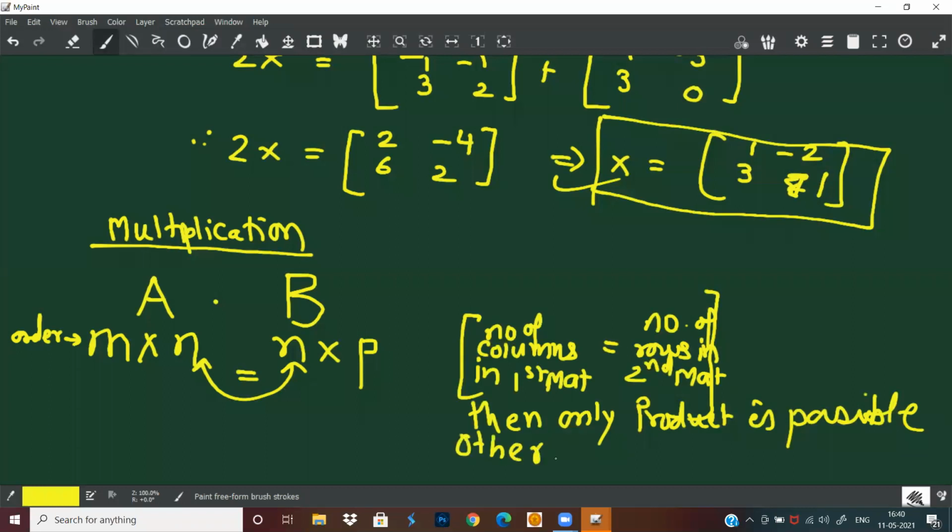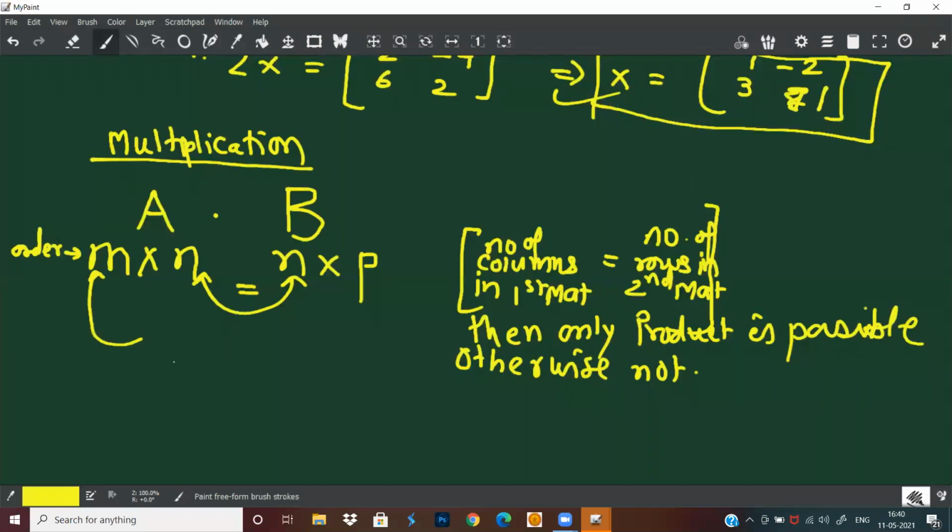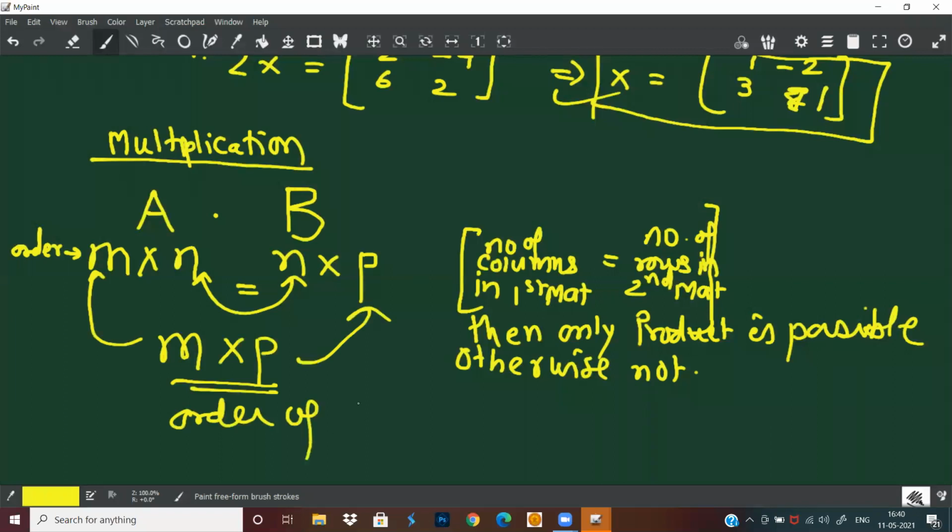Otherwise not. And the order of the product will be m rows and p columns. This will be the order of the product.